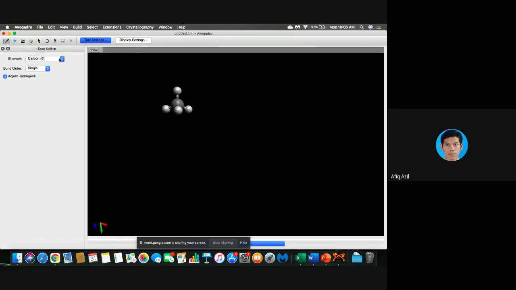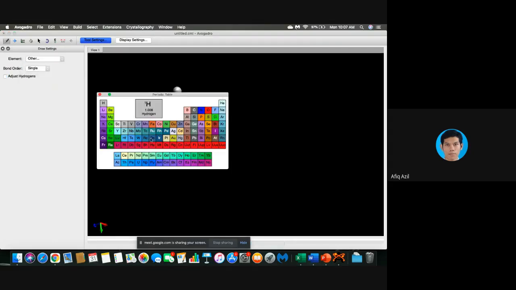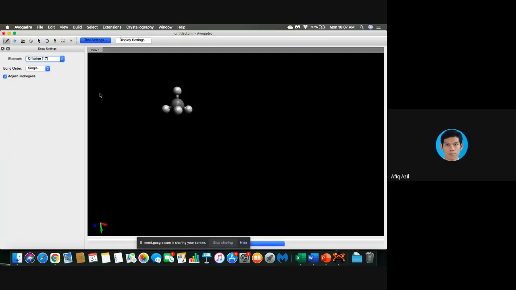Then you go to the element, change to chlorine. If you cannot find the element that you want, you go to other, then the periodic table will come out. You select chlorine, close, and then you select any of the hydrogen. For example, I choose the top one. I click my mouse, and it will be converted into chlorine.